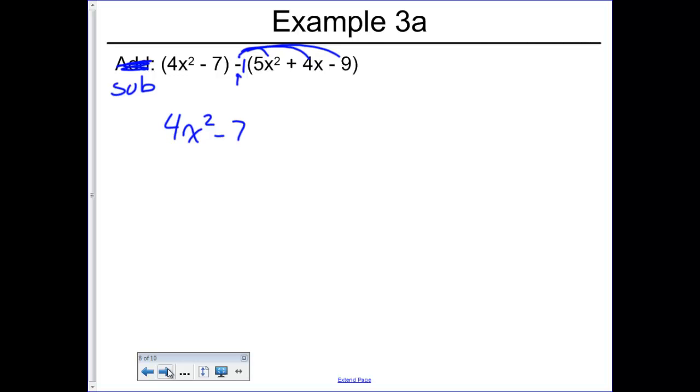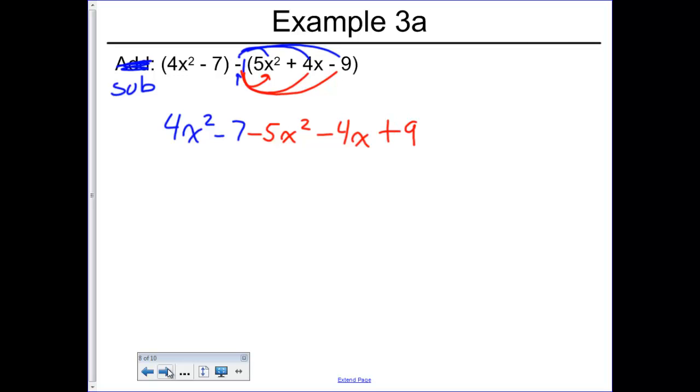Then I'm going to distribute negative 1 times the negative 5. Negative 1 times the negative 5 gives you a negative 5x squared. Negative 1 times the positive 4x gives you a negative 4x. And then negative 1 times the negative 9 gives you a positive 9.